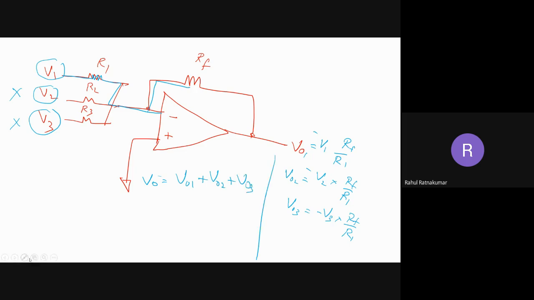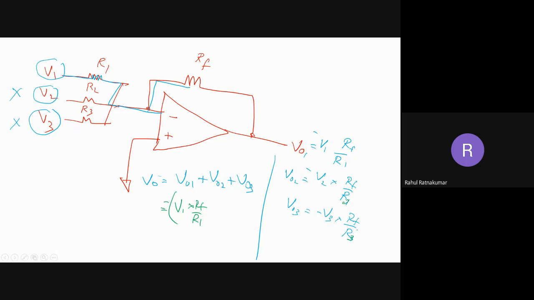So we can see this is nothing but minus V1 RF divided by R1, and so on. I can't take RF by R1 common, because this is R1, this is R2, this is R3.